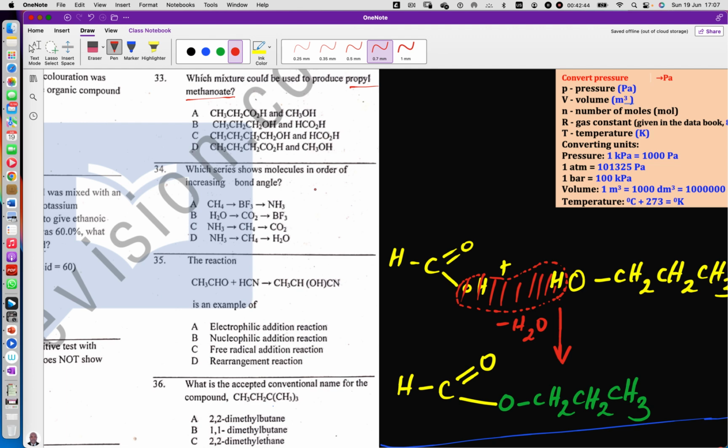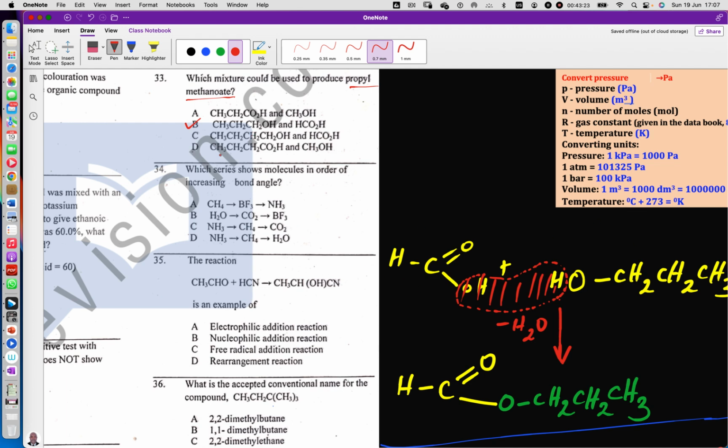Our answer for question number 33 will be B, because we are reacting propan-1-ol and methanoic acid.